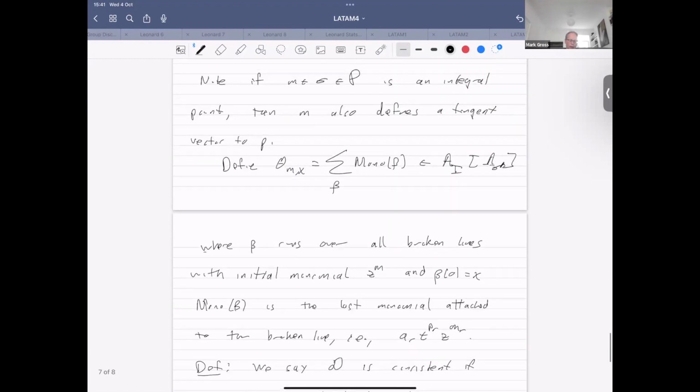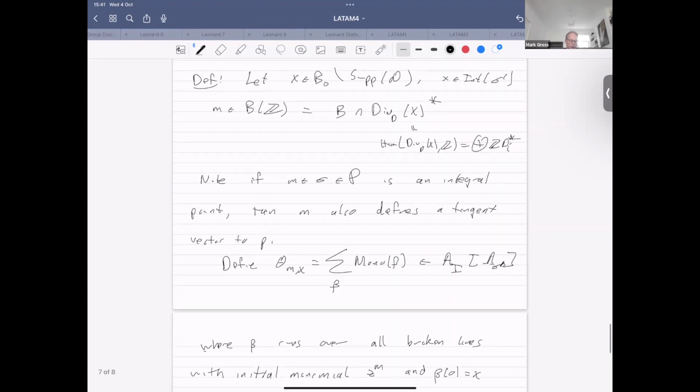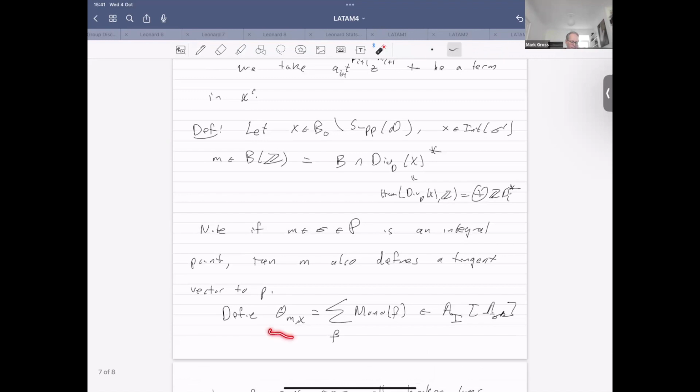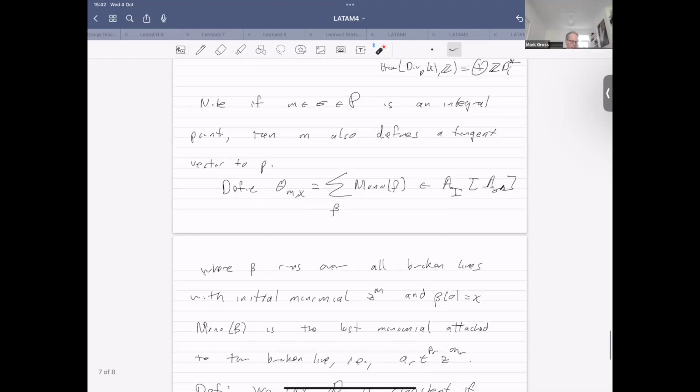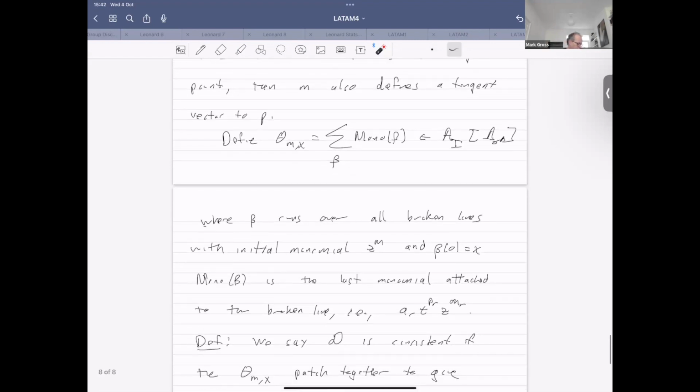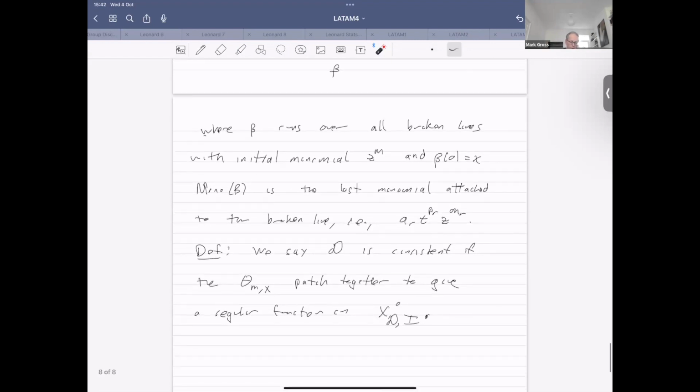So the point is, I have this theta_{m,x} defined depending on a base point. If I take a different base point, I can get different functions, but I can view those as living on different open sets of this covering of X_{D_i}. And provided they actually patch together, I get a well-defined global function on this X_{D_i}, and hence it's the kind of global function that we want.